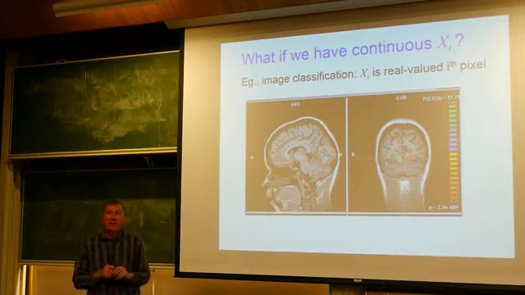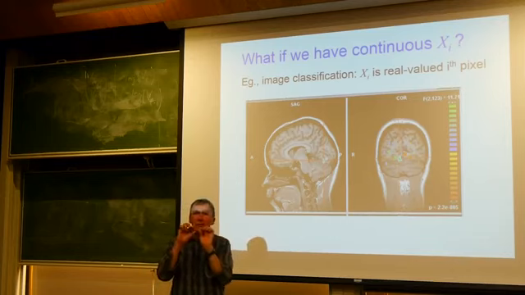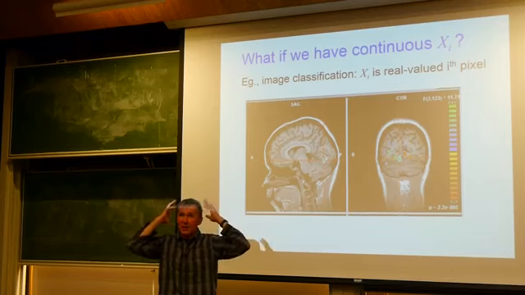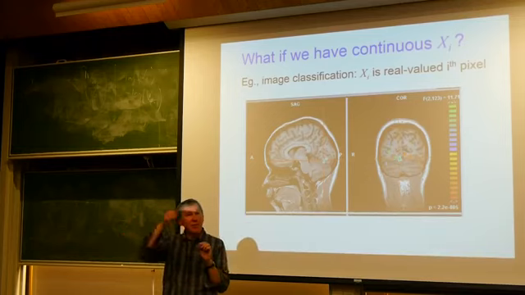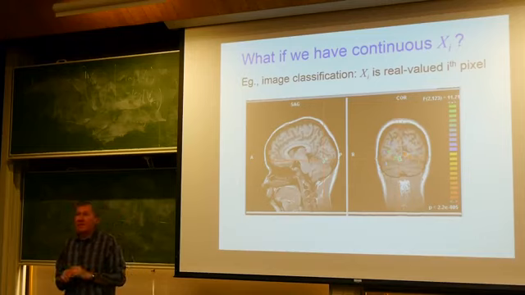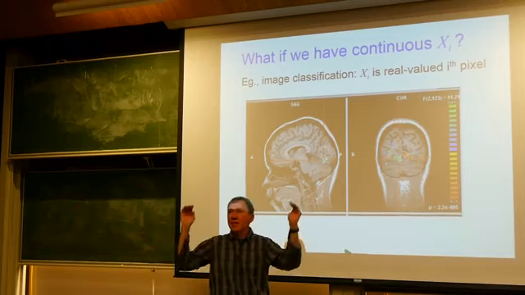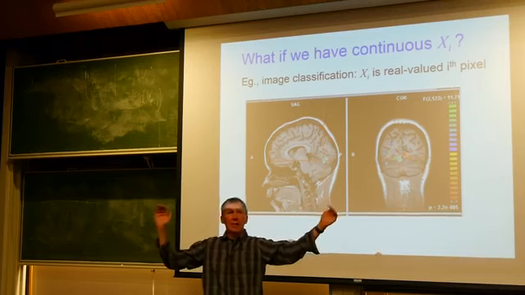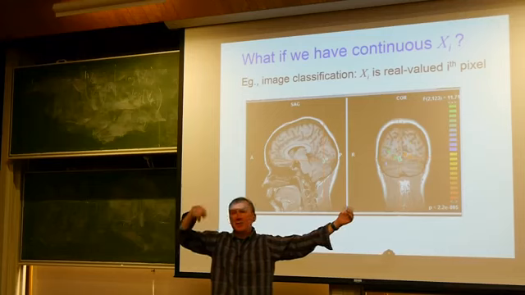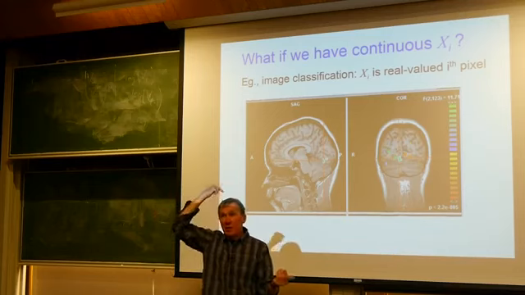In this case, they are continuous values from an fMRI machine, which is measuring the magnitude of brain activity at each of 20,000 locations in your brain. And those are real number values at each of 20,000 places. So we can think of an image like this as a vector of x1 through x 20,000, where each of those x sub i's is some real value which reflects the brain activity at the ith location in your brain.